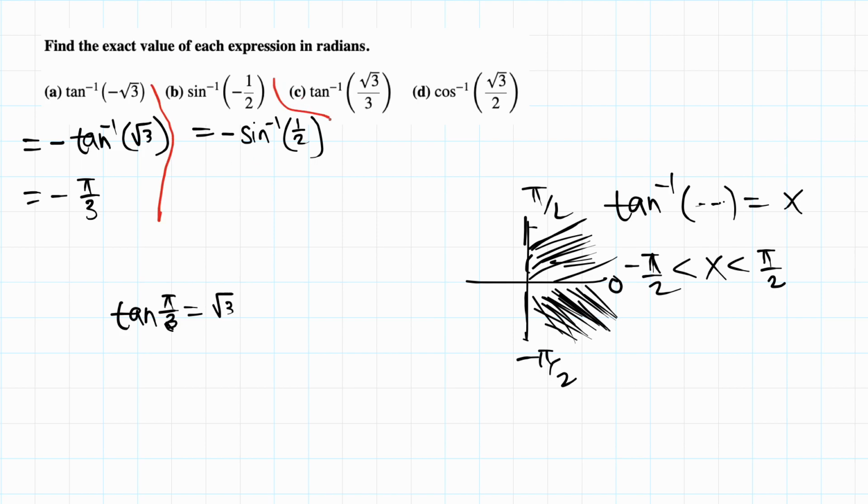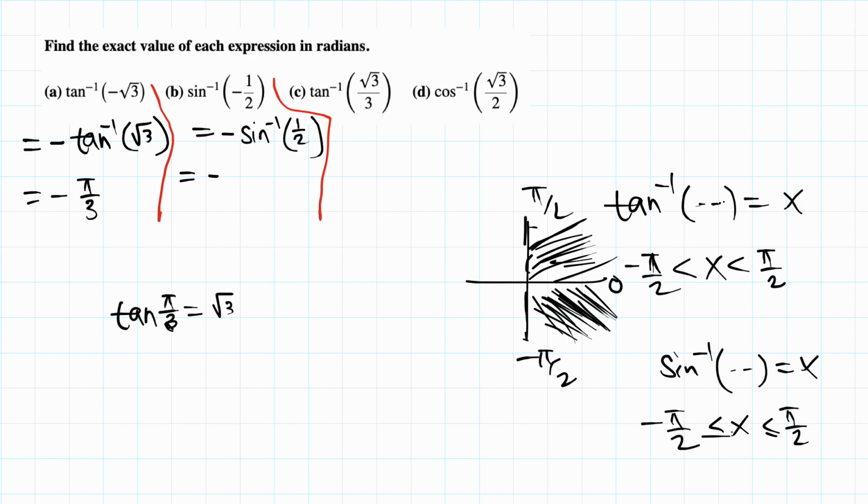Okay, part B, there is a negative outside, sine inverse of 1/2. Okay, sine inverse will be the same thing. Sine inverse of something, when we find this, the range is x, and that x is in between negative pi over 2 and pi over 2, and the endpoints, negative pi over 2 and pi over 2 angles, are also included.